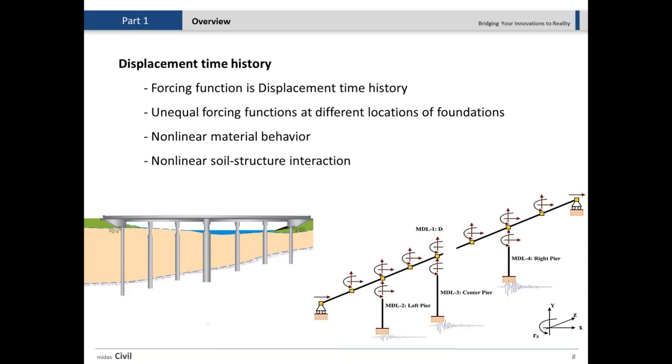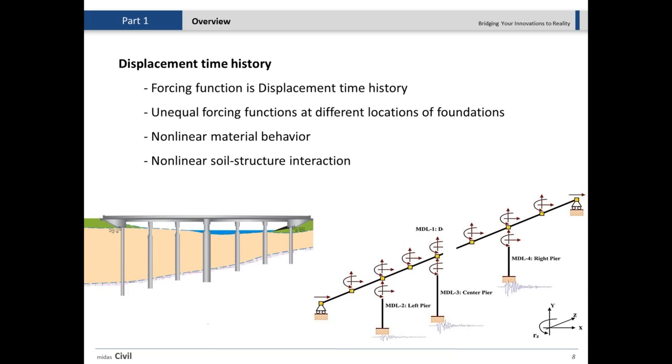Once again, when it comes to displacement time history, you have a large structure, and you're seeing nonlinearity in those elements, and nonlinearity in soil and structure, so it becomes a complicated analysis. Doing a hand calculation, I can say, is going to be impossible in a short time. You would need to spend a very long time to do it with a hand calculation or a simplified method.